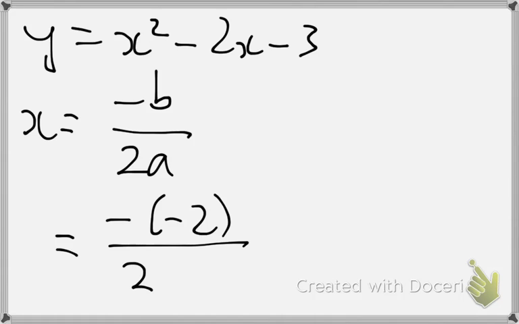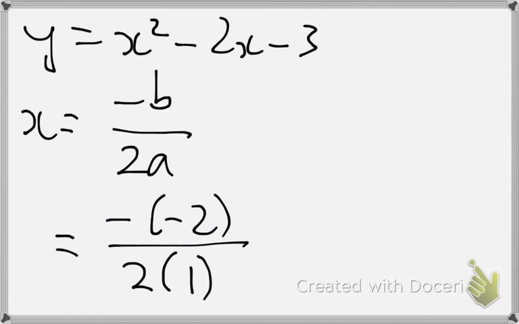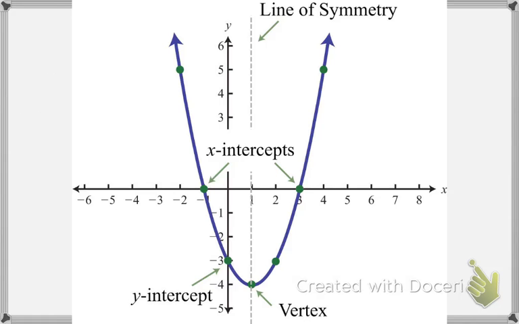And a is equal to 1, so I replace my a with 1. And I get an answer of 2 over 2, which is equal to 1. And if you look back at the graph, you can see that indeed the axis of symmetry goes through x equals 1.